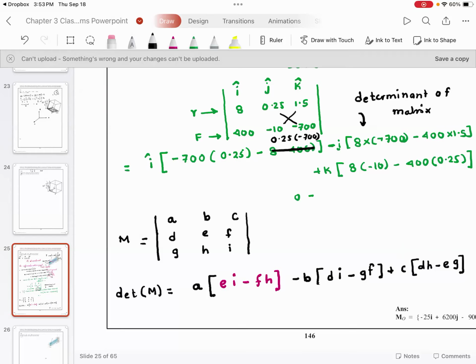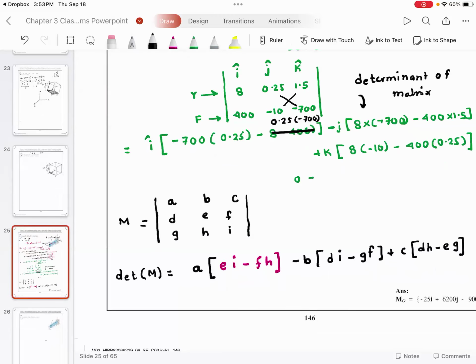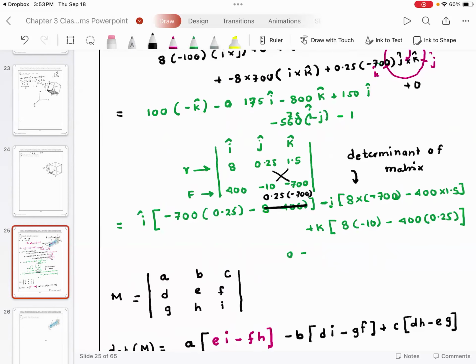If you use this determinant, your R needs to come here, your S needs to come here, and R cross S, or the determinant, is A times (EI minus FH) minus B times (DI minus GF) plus C times (DH minus EG). Everyone understood this? Or you are welcome to follow the process that we did here.